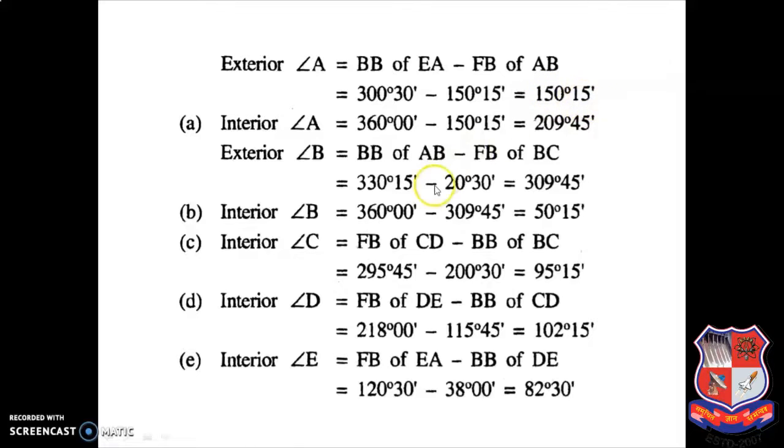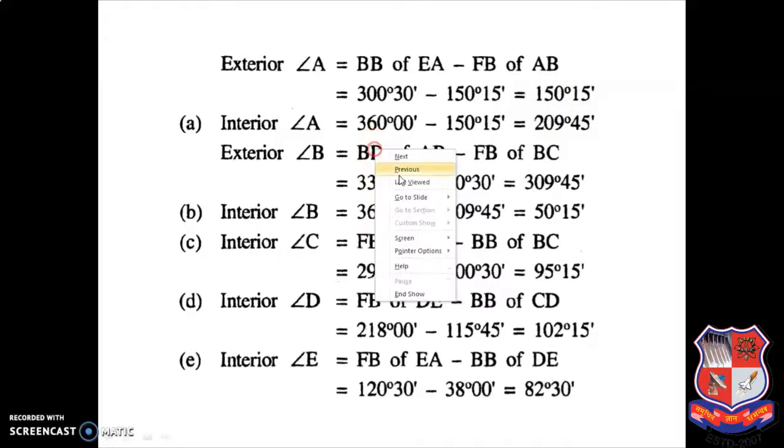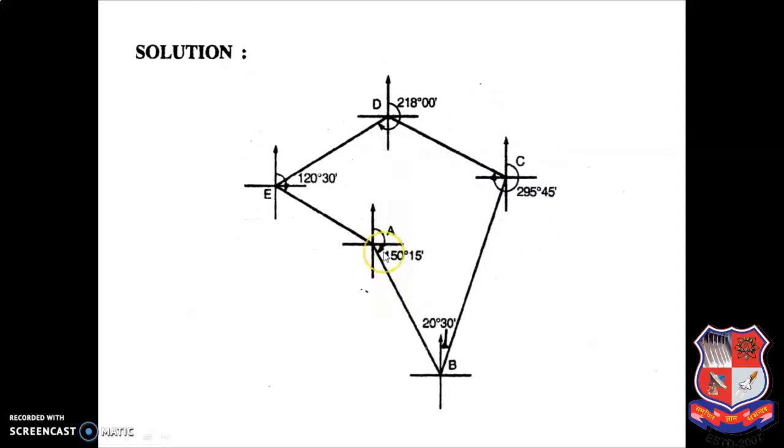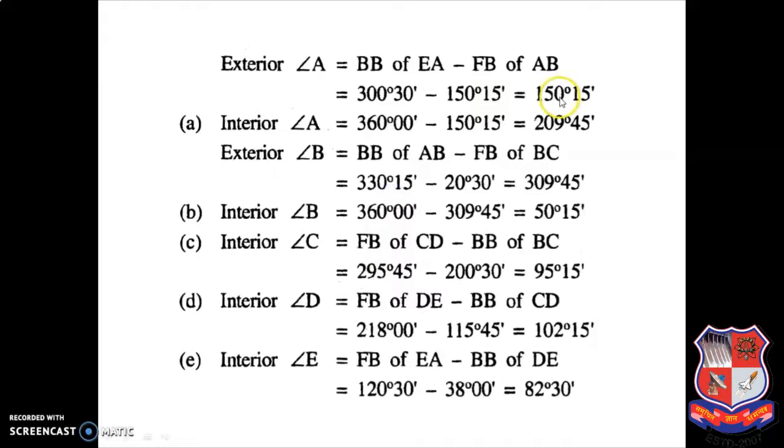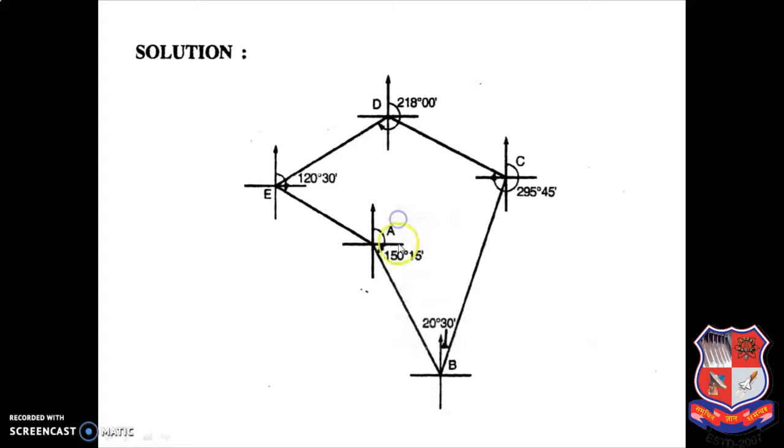But here you can see, whatever answer I am getting, the answer is 150 degree 15 minute. This is 300 degree 30 minute, and this is 150 degree 15 minute. So here the angle is formed outside the traverse, if I mention both the back bearing of line EA and the fore bearing of line AB.